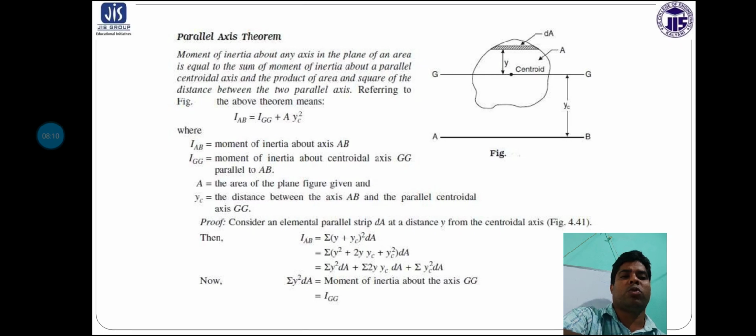Now summation of y square dA plus summation of 2 y yc dA plus summation of yc square dA. Now summation of y square dA is equal to the moment of inertia about the axis GG.